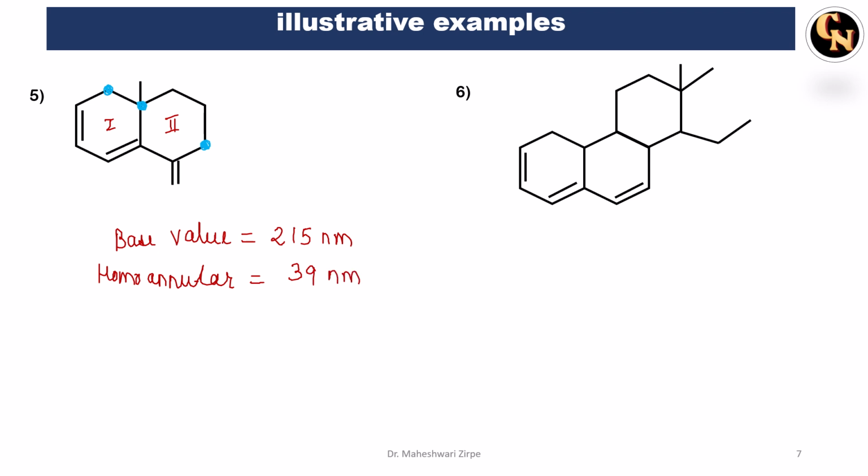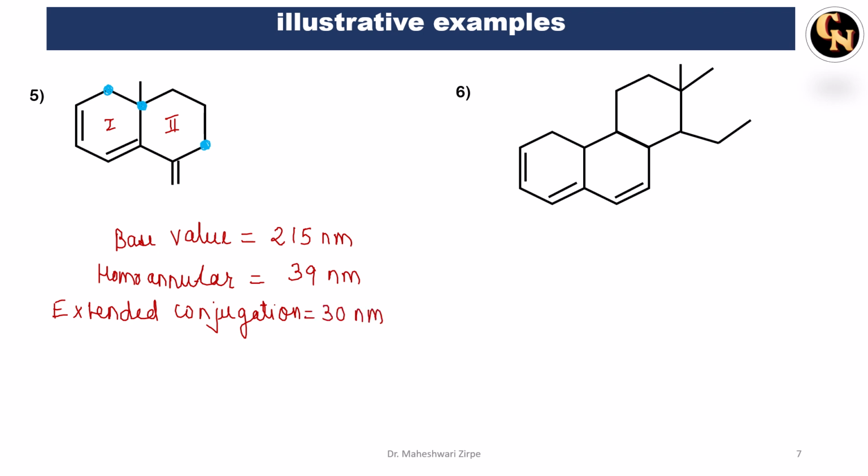Ring number 2 has a double bond which is extended conjugation. So for extended conjugation we add 30, correct? Extended conjugation, there is a spelling mistake, I'll rewrite the spelling. Extended conjugation, we add how much? 30 nanometers.